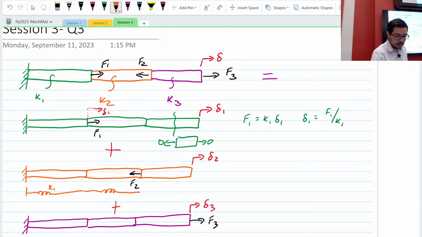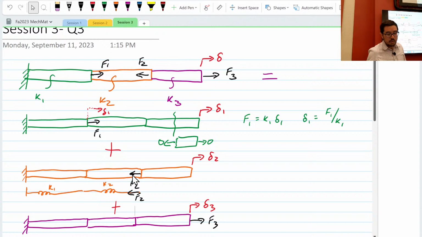I have a K1 and I have a K2, and I've got the force acting on them like this, F2, right? And in this case, the displacement at this location is equal to the displacement at this location, right?